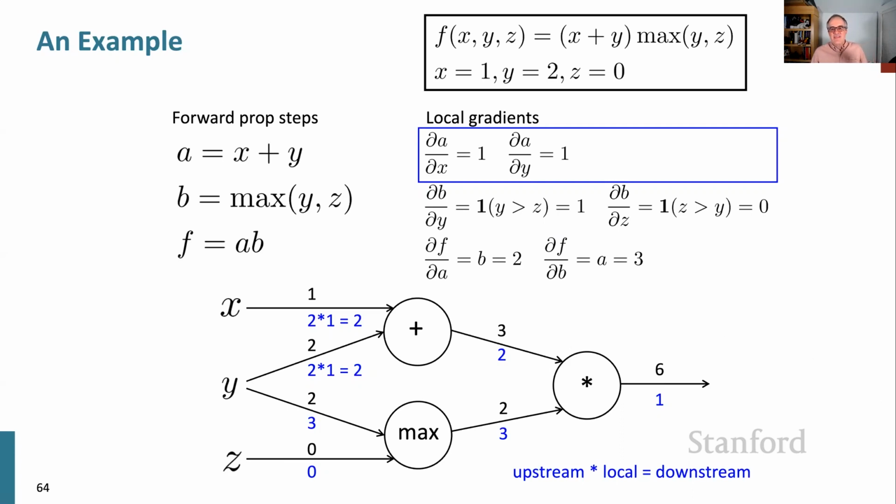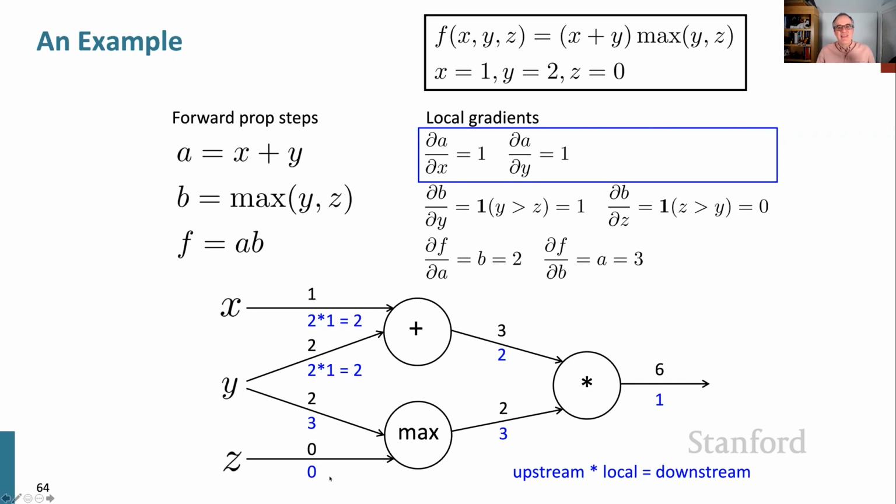Again, at the end of the day, the interpretation here is that this is giving us information as to if we wiggle the values of x, y, and z, how much of a difference does it make to the output? What is the slope, the gradient, with respect to the variable? What we've seen is that since z isn't the max of y and z, if I change the value of z a little, like if I make z 0.1 or minus 0.1, it makes no difference at all to what I compute as the output.